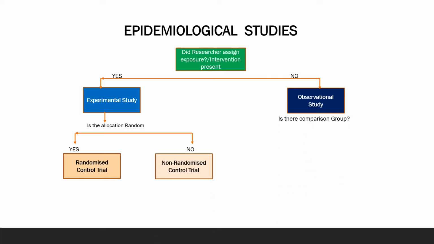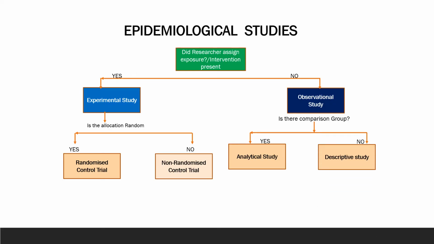Now, in the observational study, if there is a comparison group, it is an analytical study. If there is no comparison group, it is a descriptive study. The descriptive study intends to formulate the hypothesis. An analytical study is for testing the hypothesis, whether it is tenable or not.